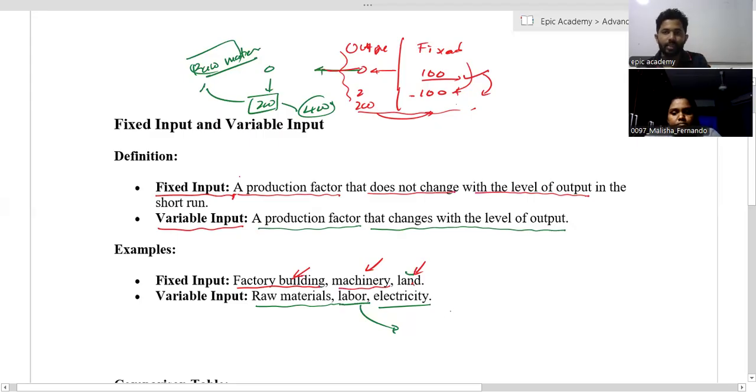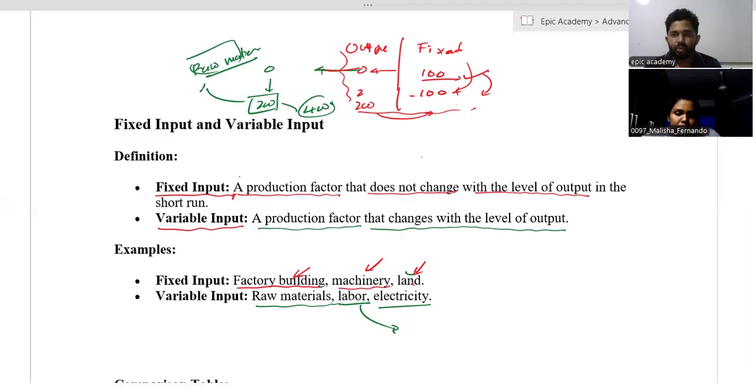If all your machineries are off, or you are not going to use them, then electricity will drop. So according to the change in output or production level, variable inputs can change. Keep all those things in your mind because the mathematical equations are created using this concept.